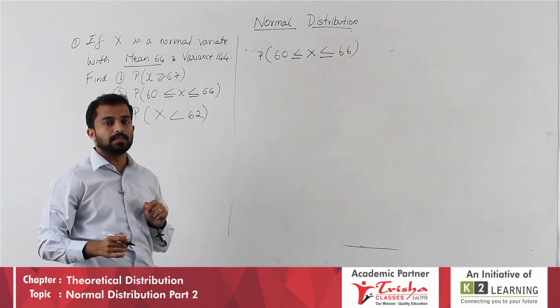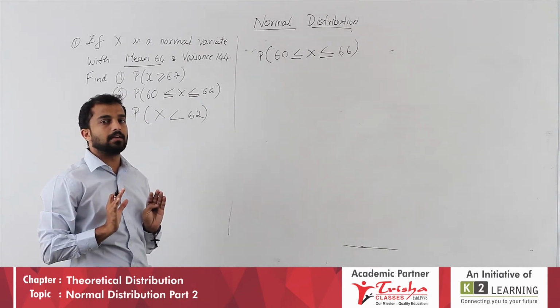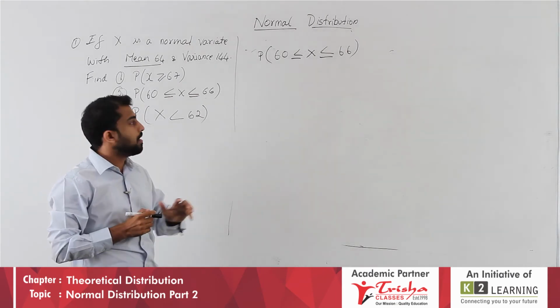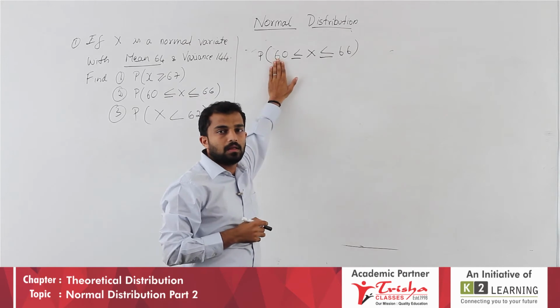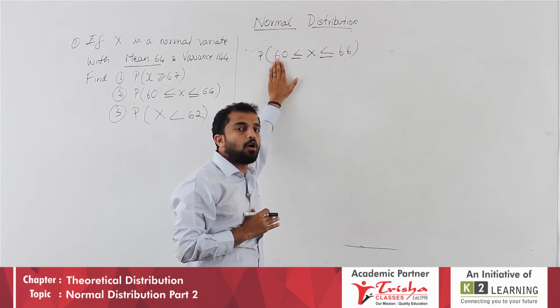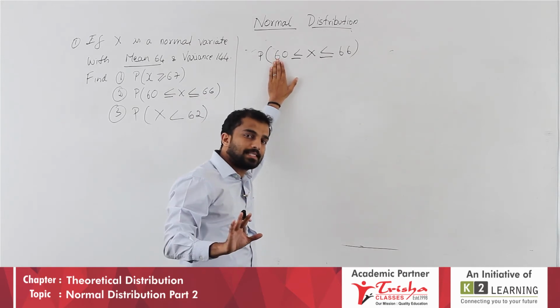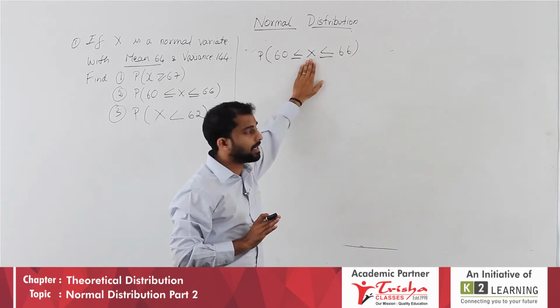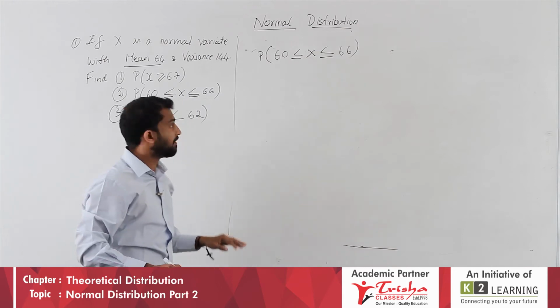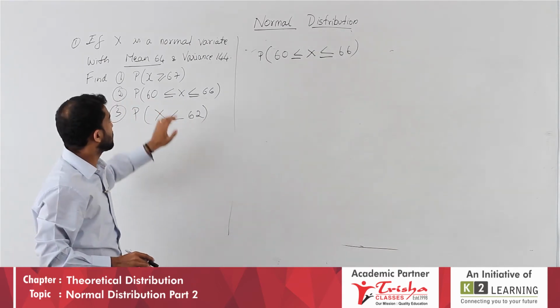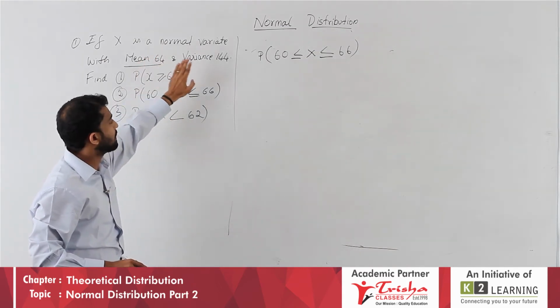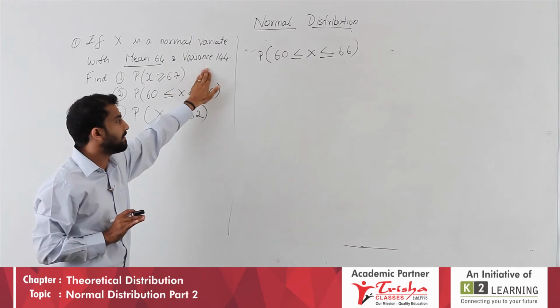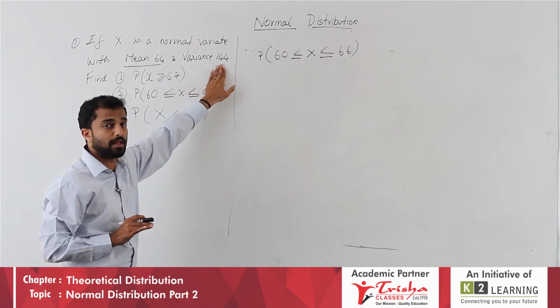How do we solve this now? Let us substitute the standard normal variate. Remember, students, wherever there is x, you substitute this value. If you do not have a value, for example here, keep it as x itself. Mu, whenever it is there, substitute 64, and sigma, substitute the standard deviation value, that is square root of 144, 12.